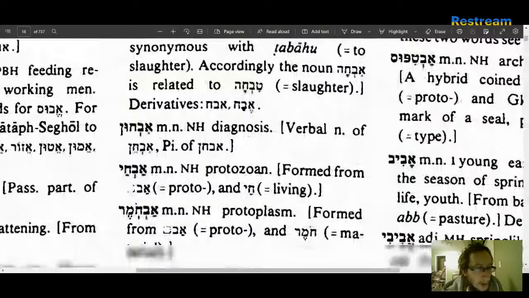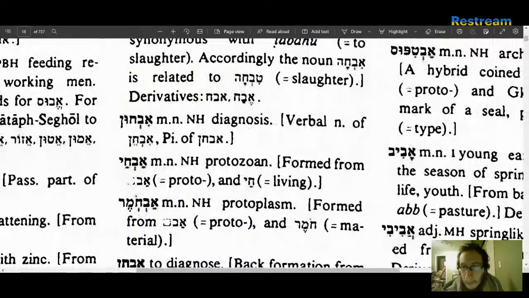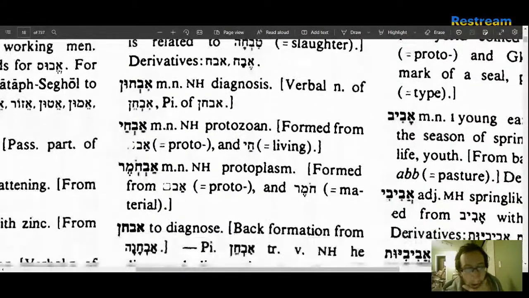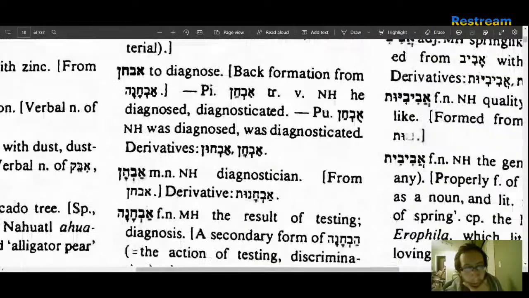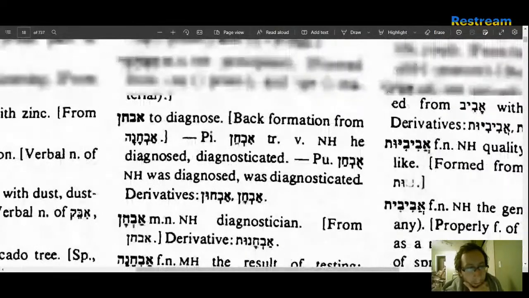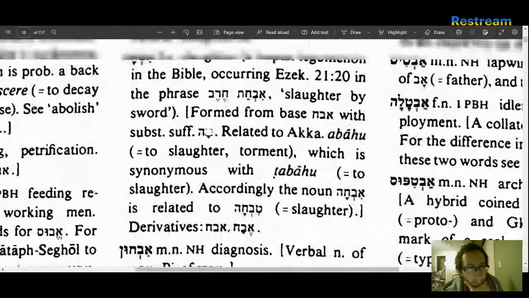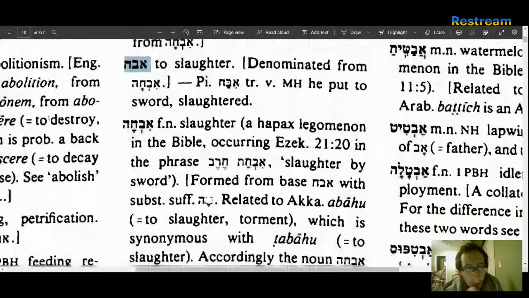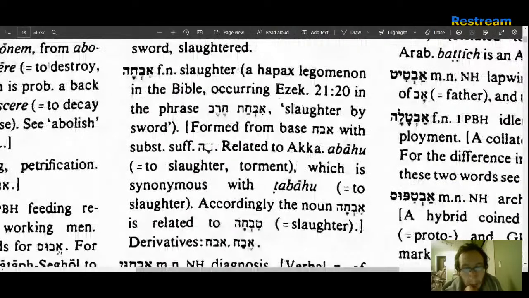What's the next word they say it is? Abir. Okay. So slaughter occurs in the Bible. We'll take a look at that. Okay, related to Akkadian abahu, synonymous with tabahu.